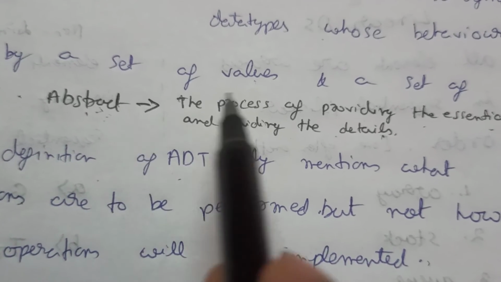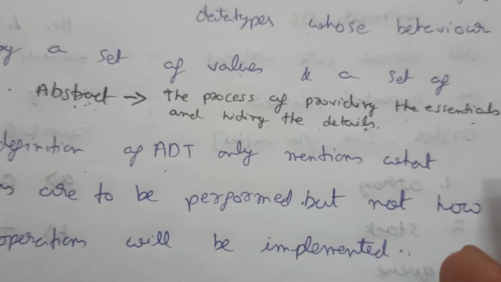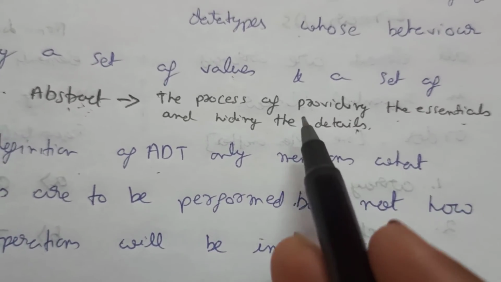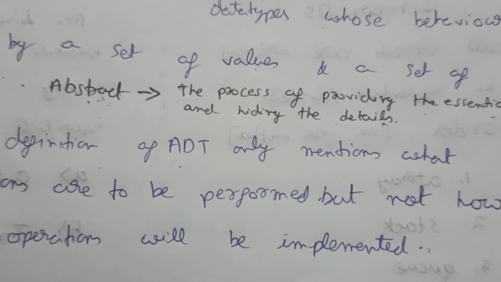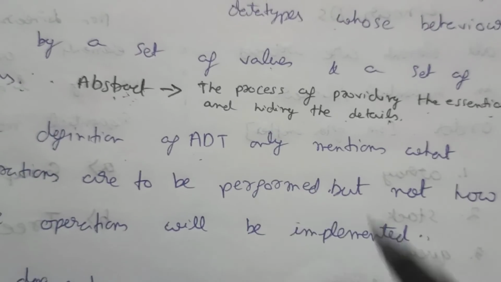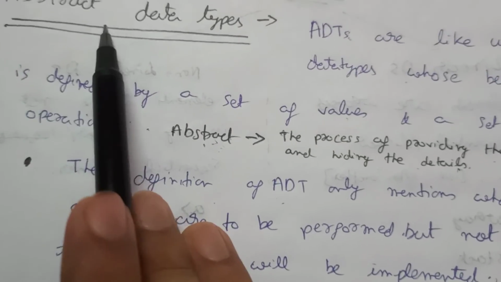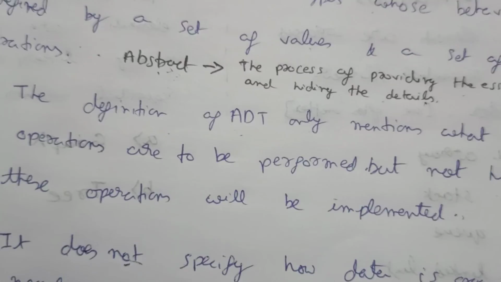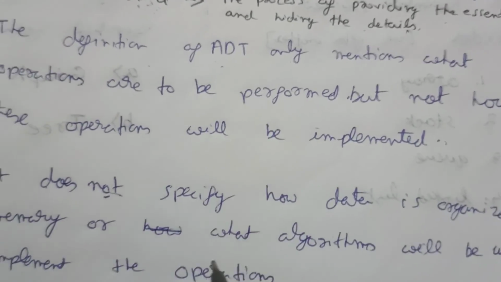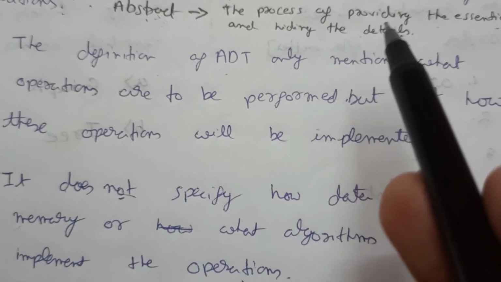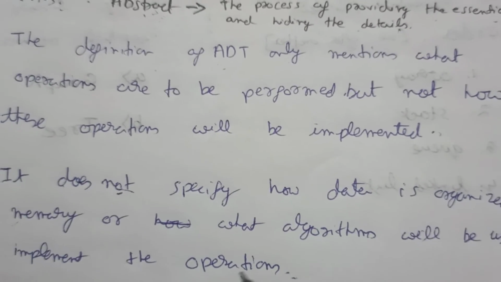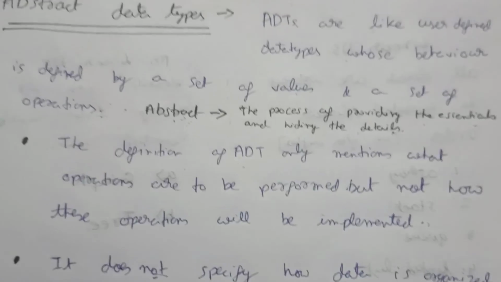So this is the process of providing only the essential parts, and hiding the details. The essential part is given but the details are hidden. This is all about abstract, and abstract data type is doing the same thing. It is providing the essential operations which can be done through our ADT, but it is hiding the implementation details of these operations. So that is all about abstract data type.